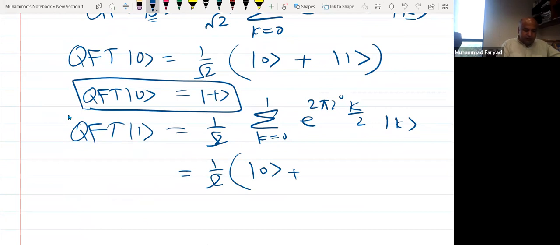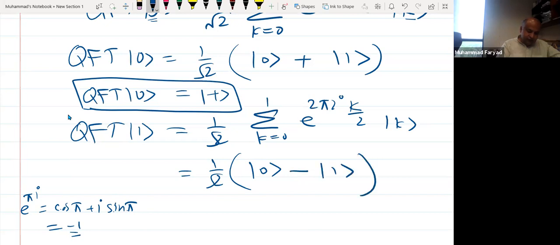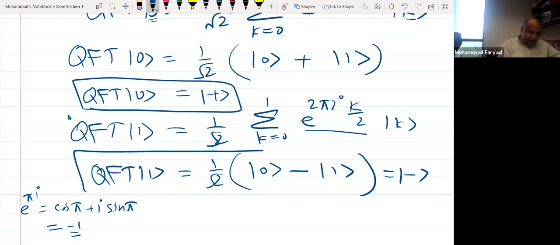When k is 1, this 2 cancels with 2, and I'm left with exponential pi iota. And exponential pi iota is cosine pi plus iota sine pi, so cosine pi is minus 1, sine pi is 0, so exponential pi iota is just minus 1, which means that I get a minus sign here. So when k is 1, this term gives me a minus sign. So this is nothing but the minus state, as we used to call it. So QFT of 1 state is this.